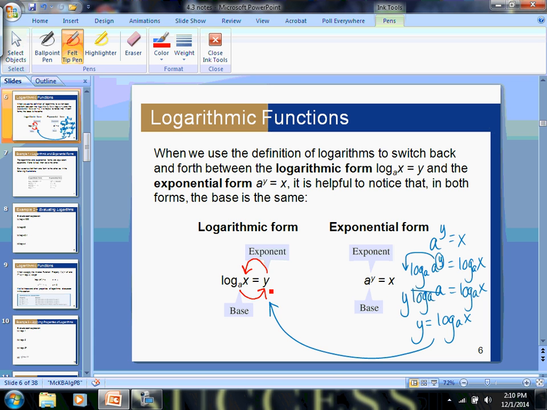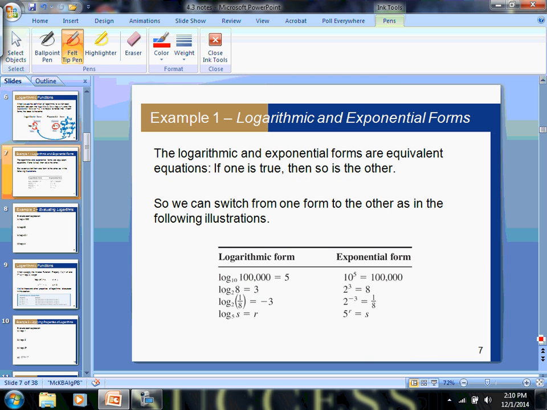So when you're looking at your logarithm, you're kind of drawing this little loop or spiral or circle when you are rewriting your logarithm as an exponential equation. That's what we're going to practice on this next slide.